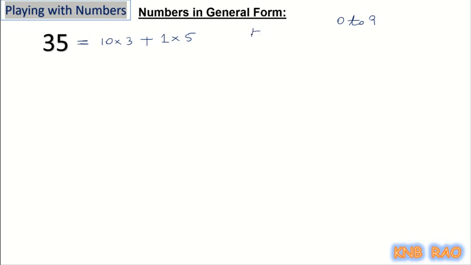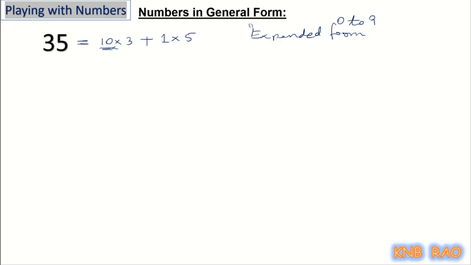You know, this expanded form is written by writing the given number as the sum of the product of the digit or numeral along with its place value. It is in the place of tens, so we write 10 into 3, and 5 is in the place of units, so we write 1 into 5.